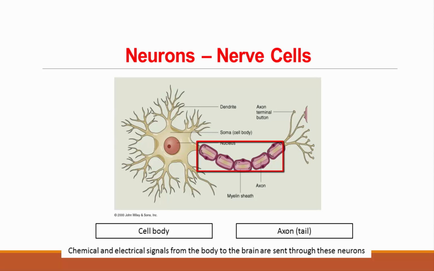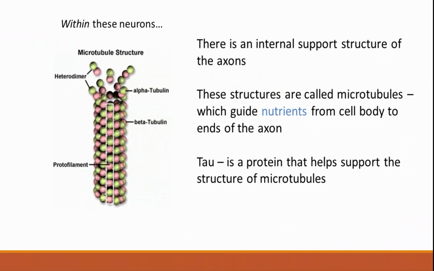So in these axons, right, this tail part here, there's a support structure, and if you look at the very low-level biology of these axons, there are structures called microtubules. And these microtubules guide nutrients from the cell body to the ends of the axon, right?